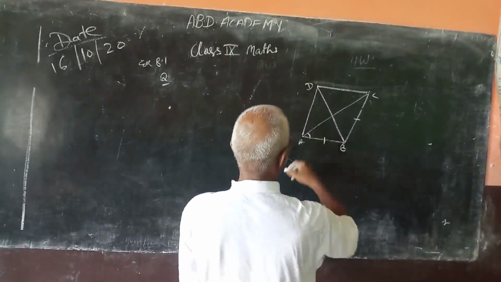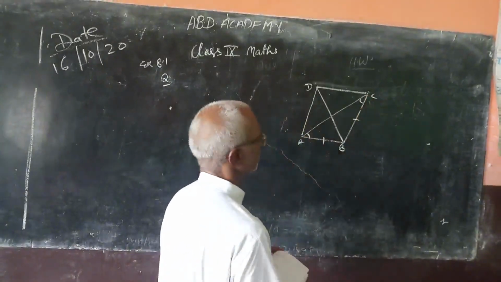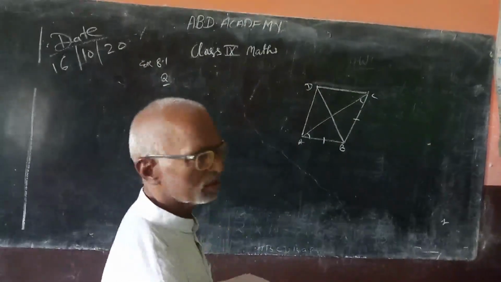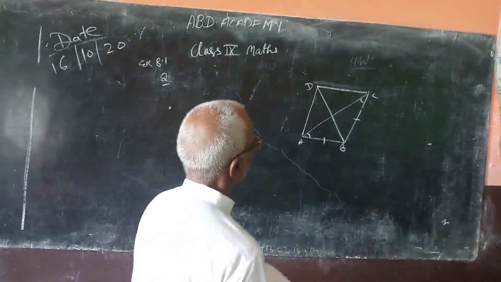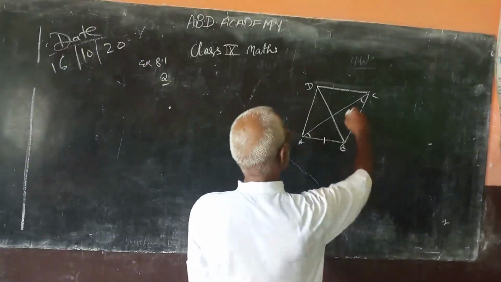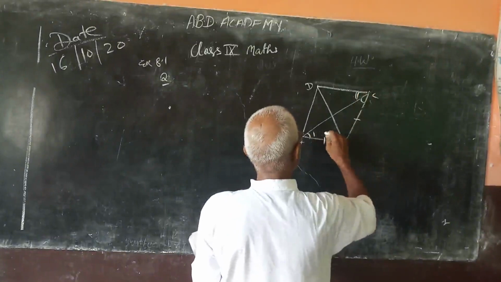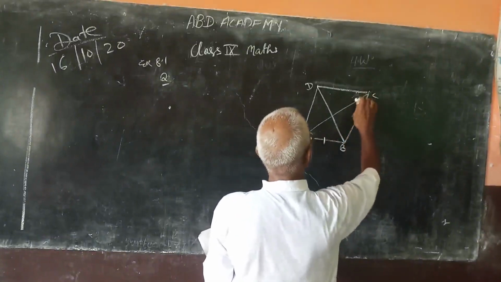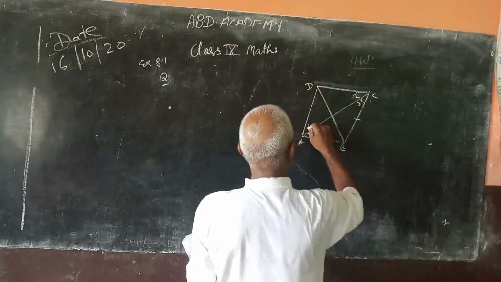Therefore, angle BAC will be equal to angle BCA, by the isosceles triangle property. And this angle is equal to this alternate angle. This one is equal to this, angle 1 equals angle 2. This angle 3 is equal to angle 4.